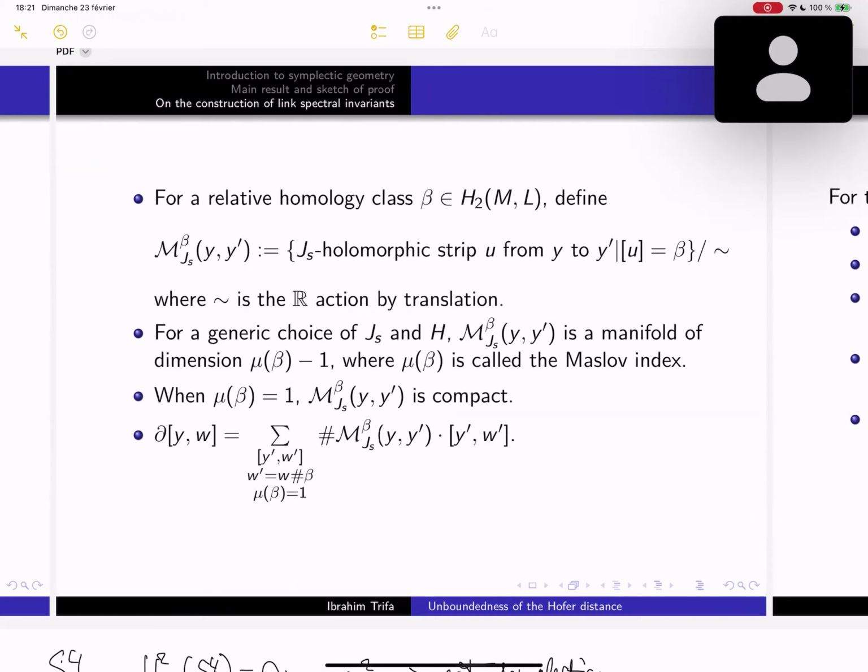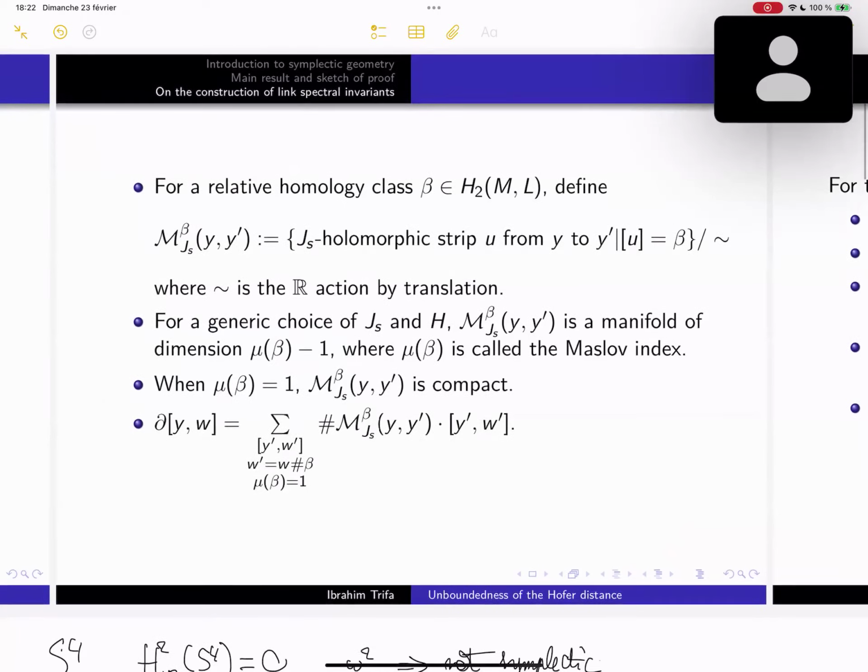We define by M(beta, J_S, y, y prime) the set of J_S-holomorphic strips from y to y prime in the class beta, mod out by the action of R by translation.